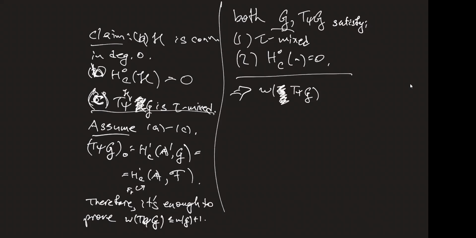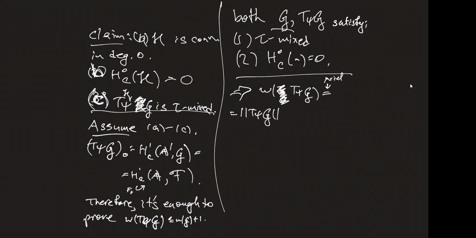Okay, so combining these two facts for both G and the Fourier transform of G, a statement from Ariel's talk tells us that we can compute the weights of the Fourier transform as the norm, because it's mixed and it has vanishing compactly supported cohomology. So no, we don't need smooth, just mixed.